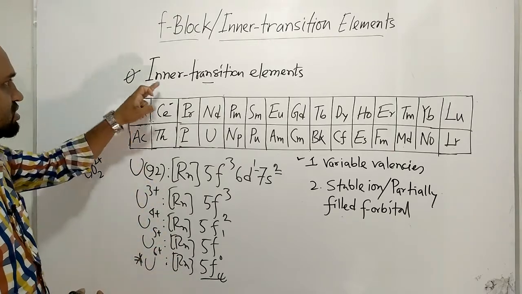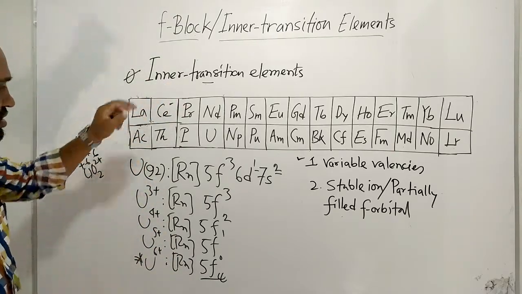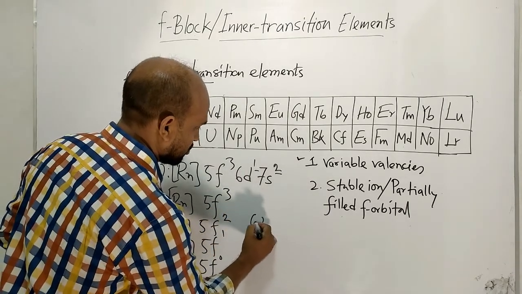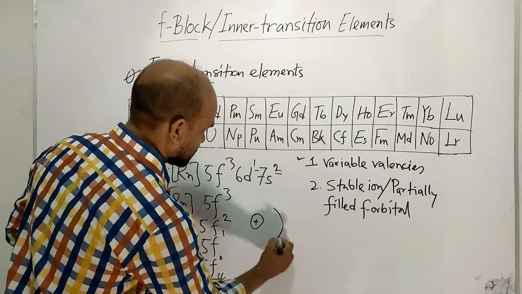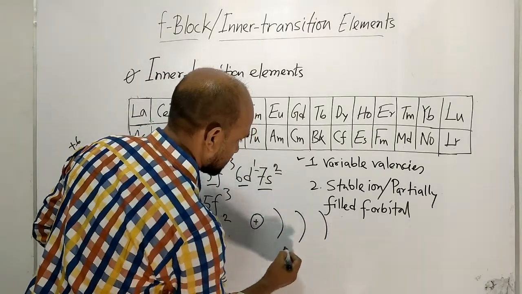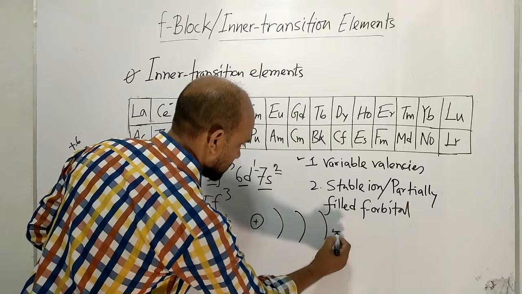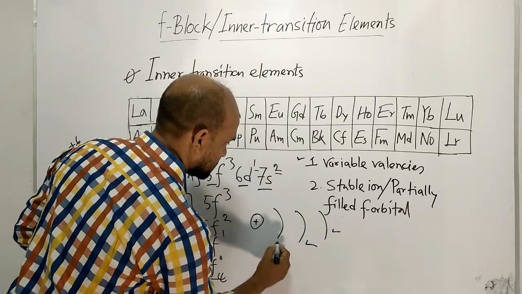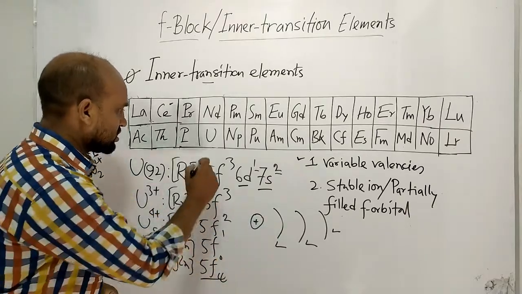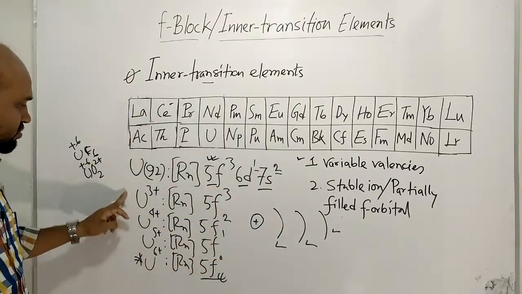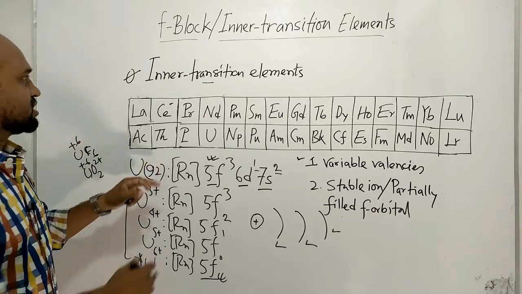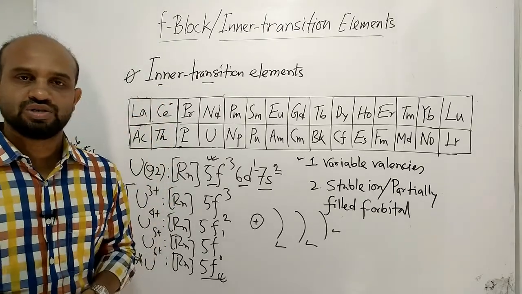Nevertheless, it is considered transition element. And inner term is used. This is a nucleus, uranium. This is fifth, sixth, seventh shell. This fifth shell, this is outermost shell, this is penultimate shell, and this is inner penultimate shell. This inner penultimate shell is responsible for variable valencies mainly. That is why uranium is a kind of inner transition element.